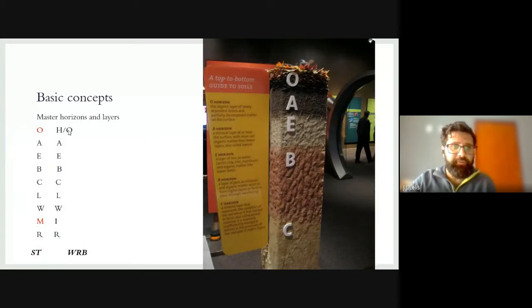Another concept that is very important to identify is the master horizons and layers. And the first question that I have here is, how could I define or identify or distinguish horizons from layers? Can someone help me with this?